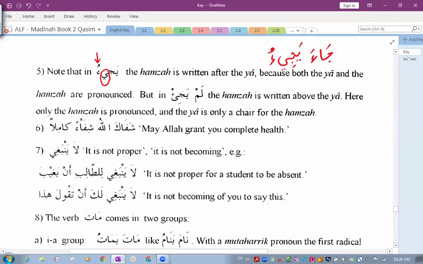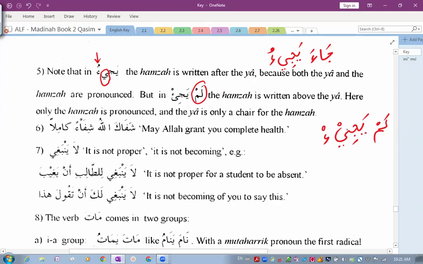But lam yaji, so lam came, then this becomes like this, because of lam before it.